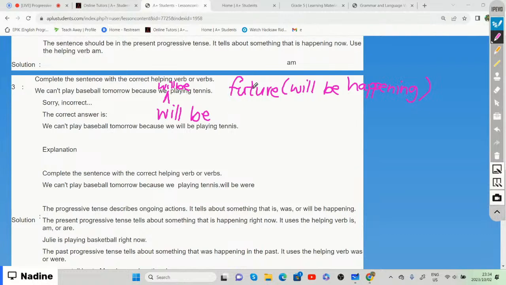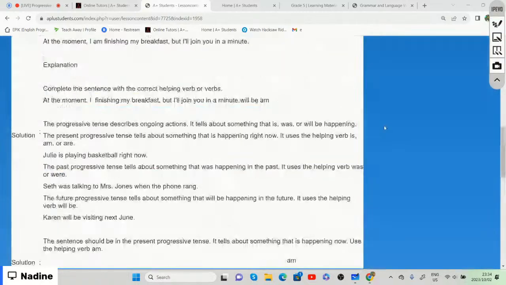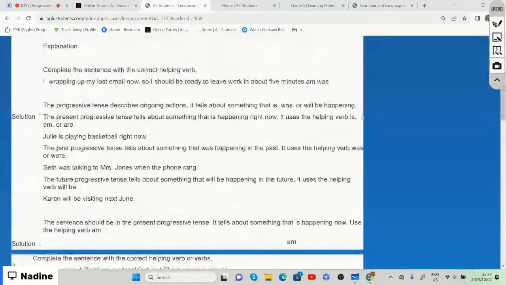So before we go on to our test, just to recap on the progressive tenses. The progressive tenses describe ongoing actions in the past, in the present, as well as in the future, right?